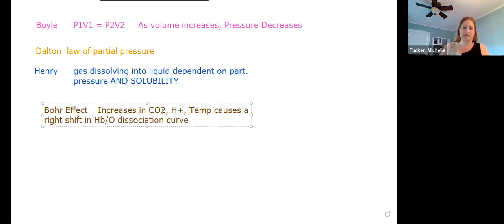Any of these factors, increase in carbon dioxide, increase in hydrogen ions, increase in temperature, changes the shape of hemoglobin, makes it easier for oxygen to be offloaded.